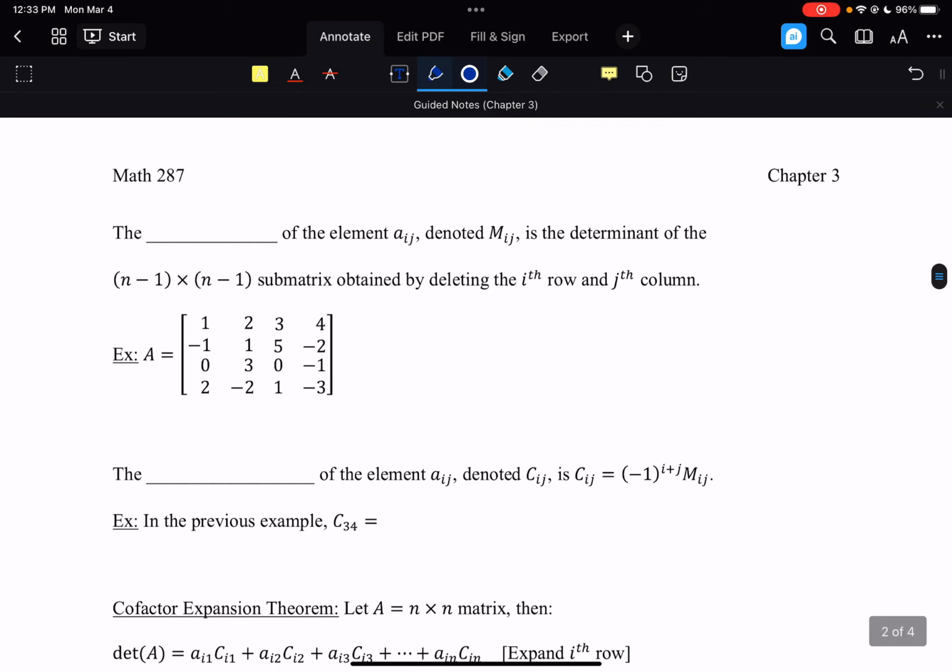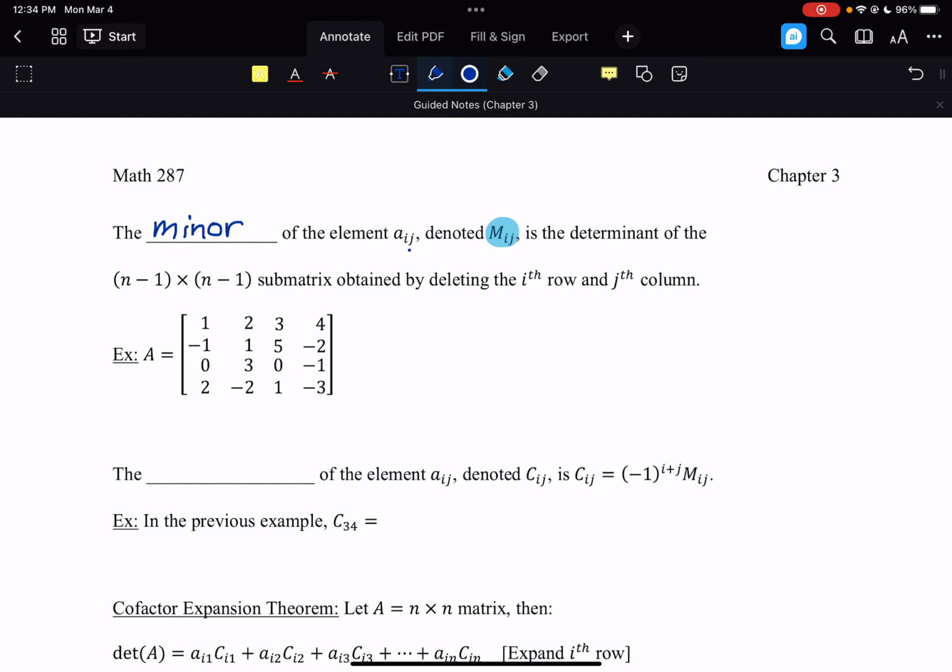we have a bit of terminology that we need to introduce here, and these terms are going to help us in finding these determinants. First, we need to talk about the minor of the element A sub ij, which is denoted M sub ij.